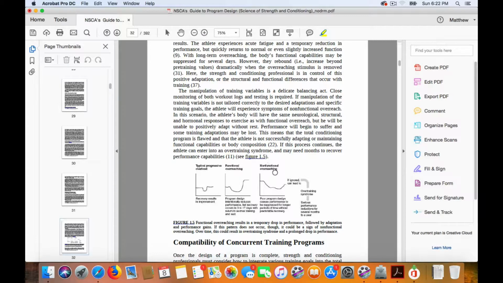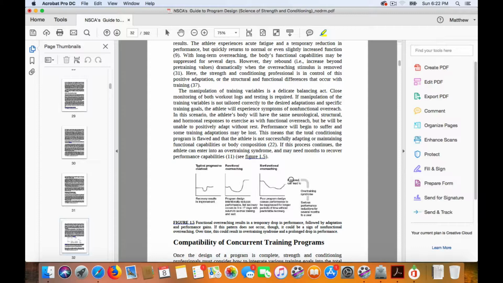When we get into non-functional overreaching, the program design causes performance to be suppressed for longer periods of time without predictable recovery. So if this is ignored, it can actually lead to injuries inside of the training domain. Last thing you want is to injure an athlete in the training room and not even in the field of play.